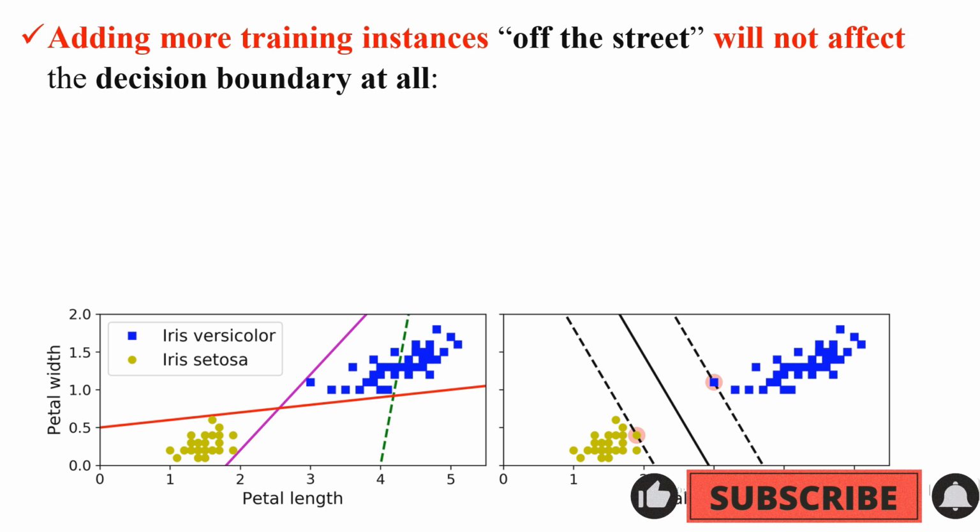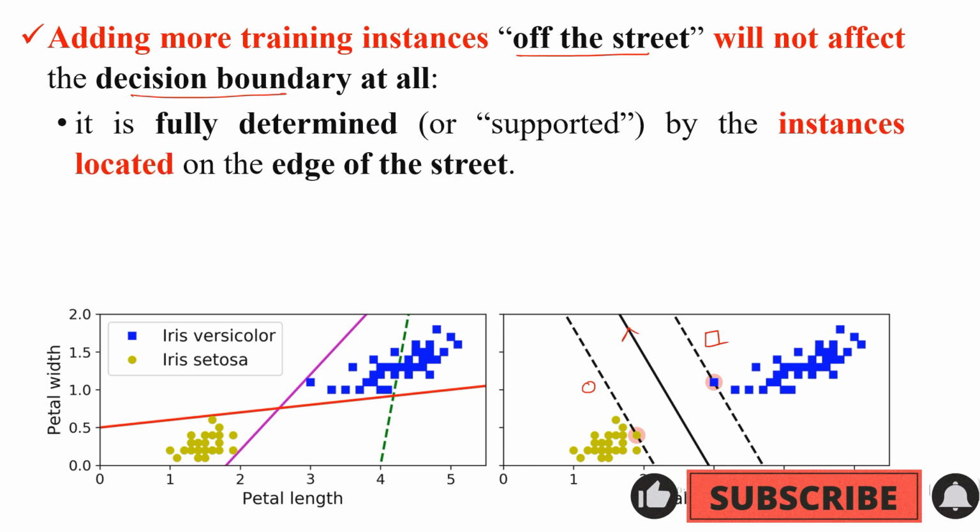If you add more training instances off the street, say a blue point here and yellow points here, the model classifies them exactly. If you add any new instances off the street, it will not affect the decision boundary at all. Adding any new data will not affect our decision boundary.